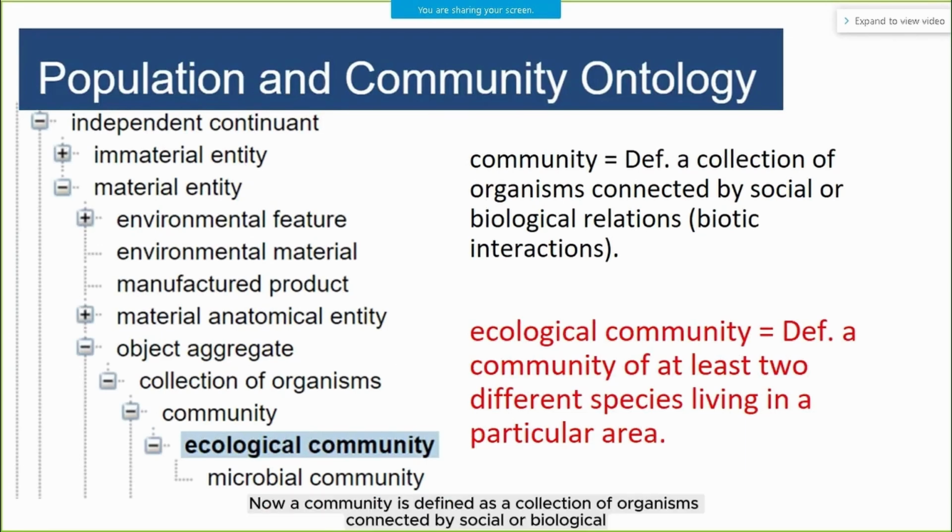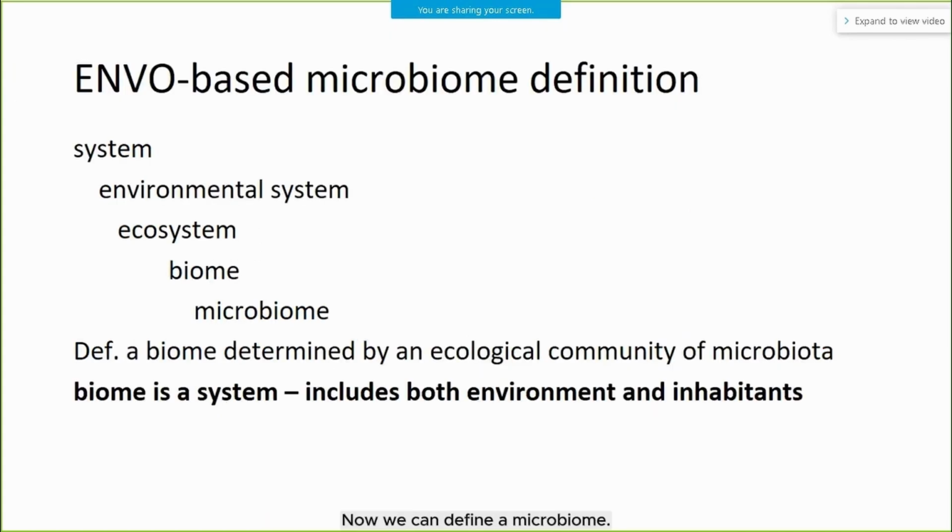Now a community is defined as a collection of organisms connected by social or biological relations. An ecological community then is a community in that sense, but involving at least two species in the same area. Now we can define a microbiome. It's a biome determined by an ecological community of microbiota.